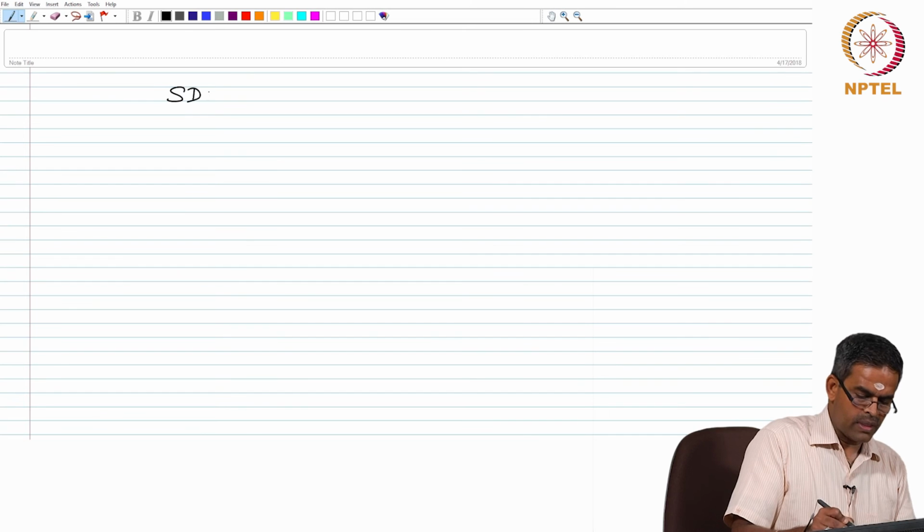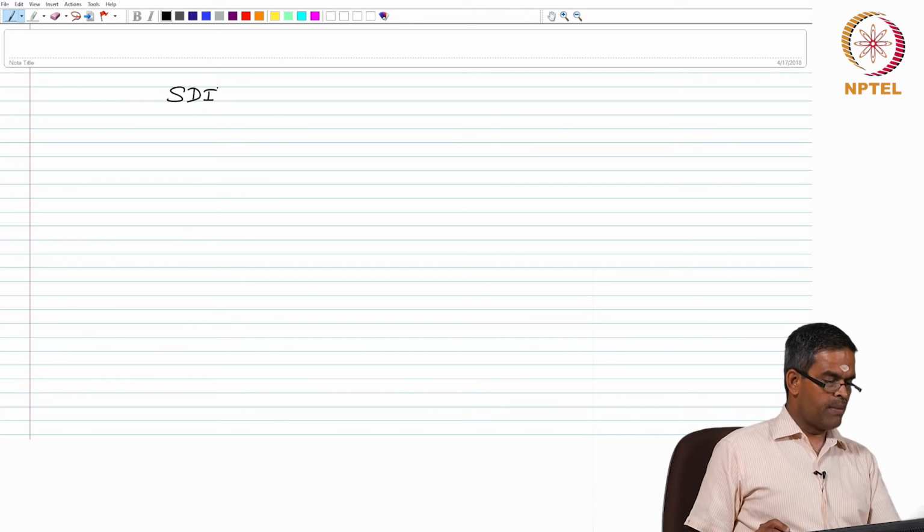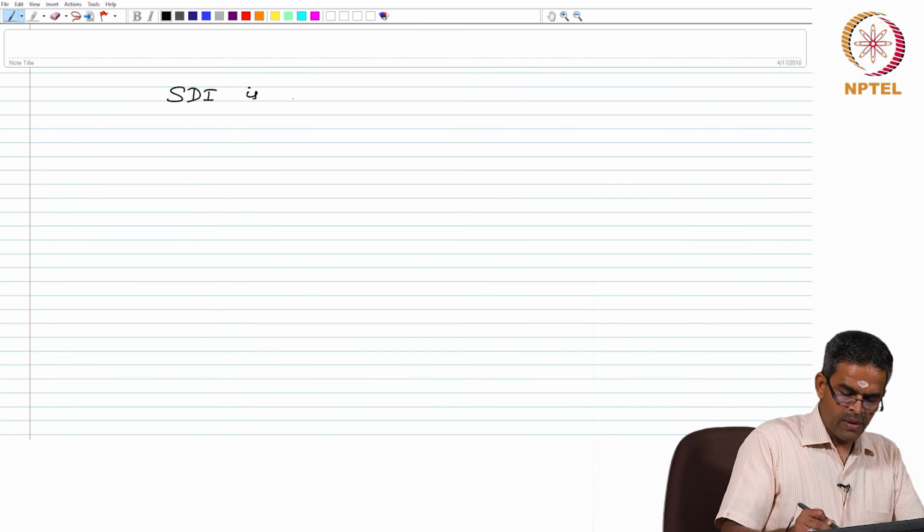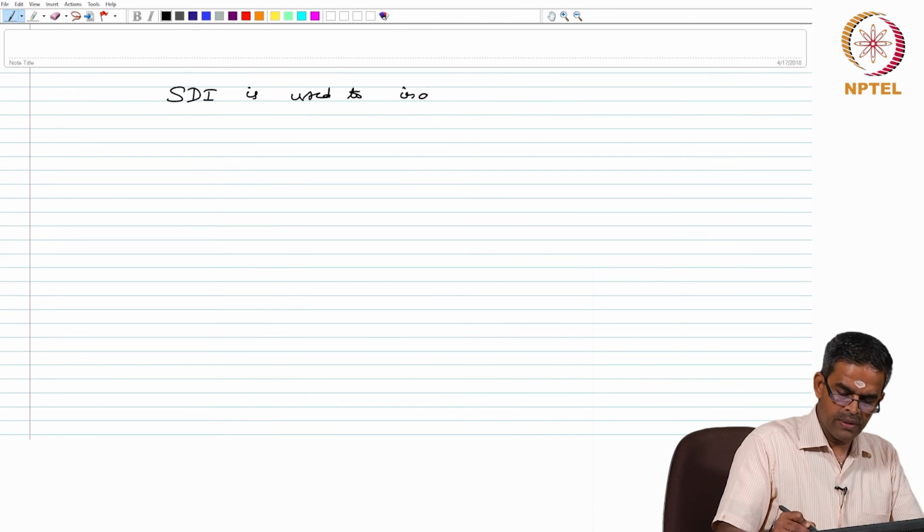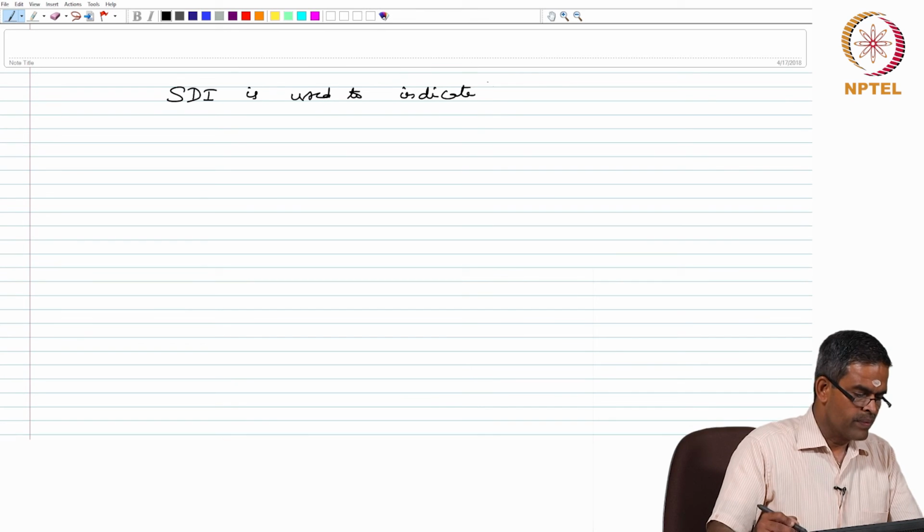SDI, that is single damage indicator, is used to indicate damage location, that is why it is called indicator.